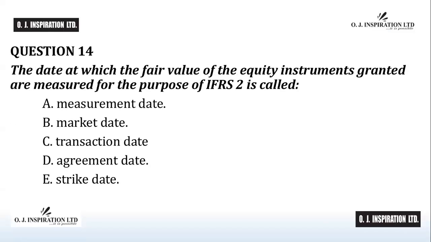Question number 14. The date at which the fair value of the equity instruments granted are measured for the purpose of IFRS 2 is called A. Measurement date, B. Market date, C. Transaction date, D. Agreement date, E. Strike date. Time counts.